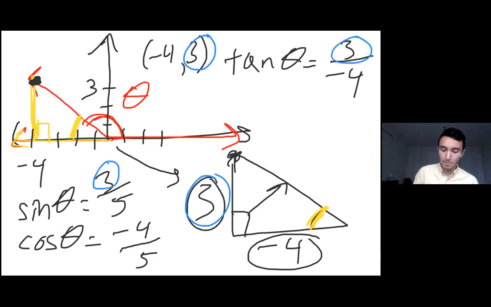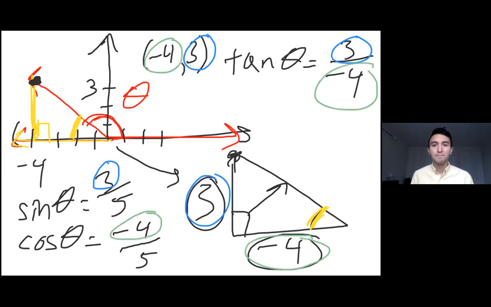And then the -4 became the adjacent side, which was the X value. Okay. And this is all explained in your book too, so read through that to help give a little bit more clarity. But we're just basically using an XY value to help create a triangle, and then calculate a bunch of sine, cosine, tangent functions just by hand, which is really cool.